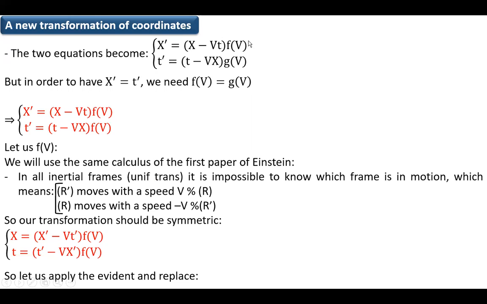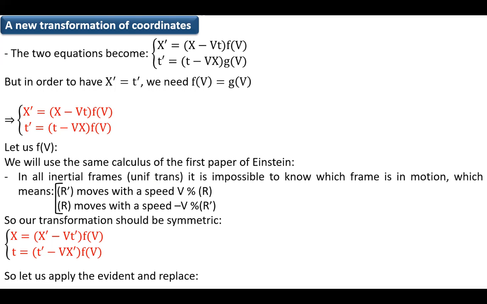So f of v is equal to g of v, and our equations become x prime is equal to (x minus vt) multiplied by f of v, and t prime is equal to (t minus vx) multiplied by also the same function f of v. So now we need to find this function f of v.